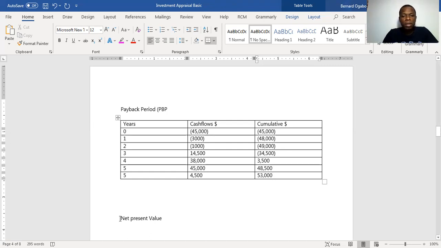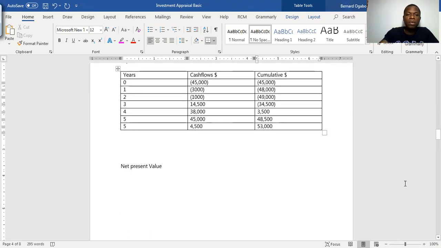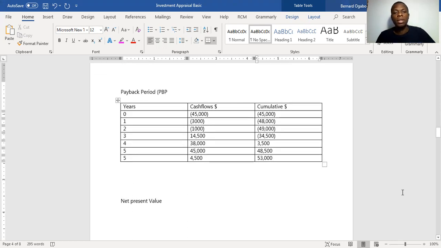For payback period, payback period simply asks me at which point in time am I going to have money that is equivalent to the 45,000 that I invested initially.